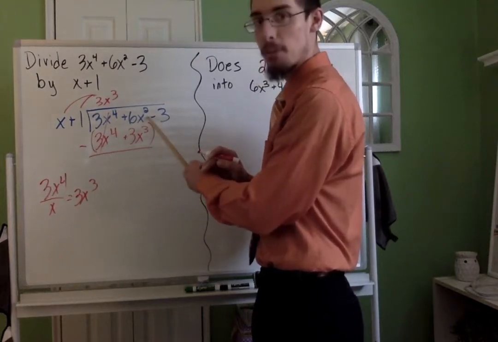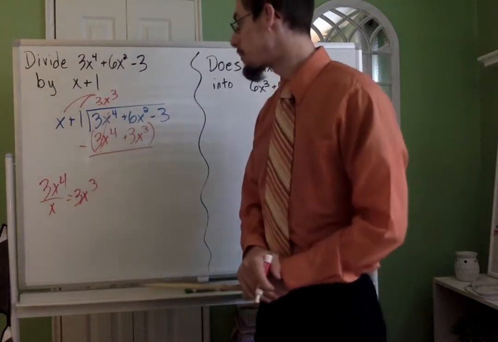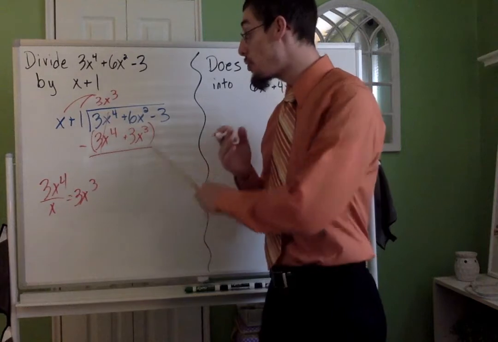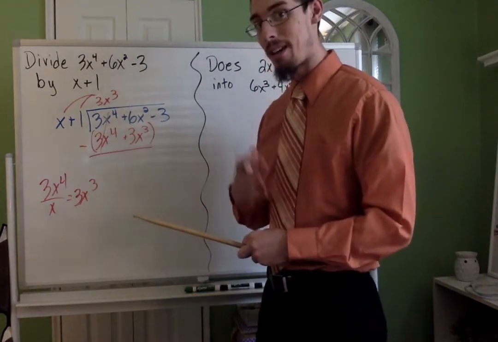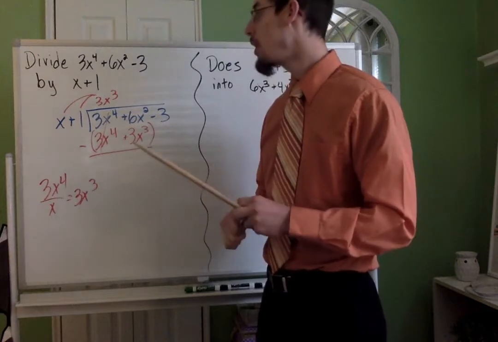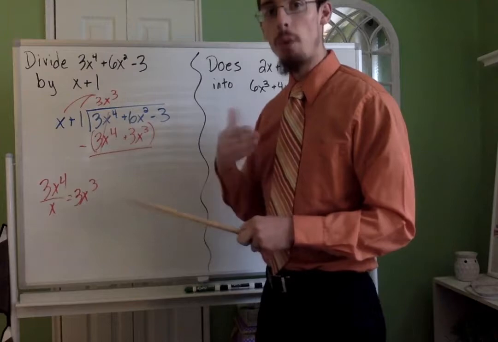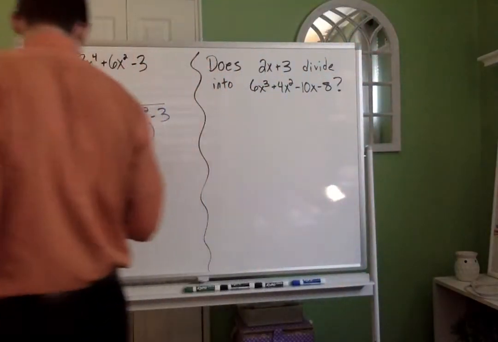You cannot subtract an x squared and an x cubed. That's a roadblock, right? I can't do this subtraction because I didn't make sure I lined everything up. So, let me show you how we fix the problem. I'm going to have to erase everything.